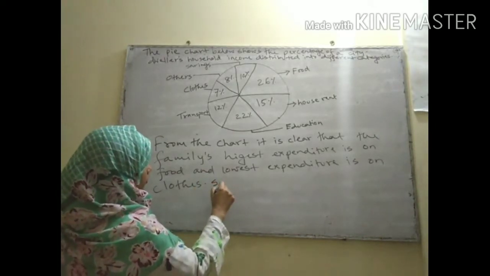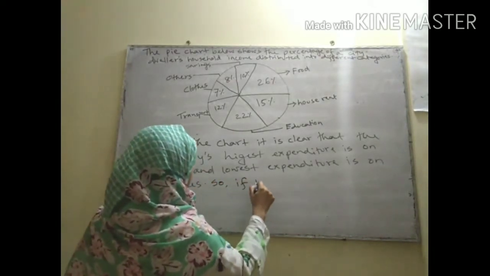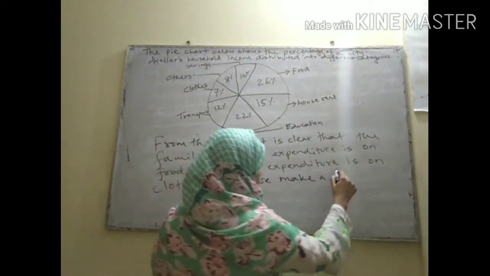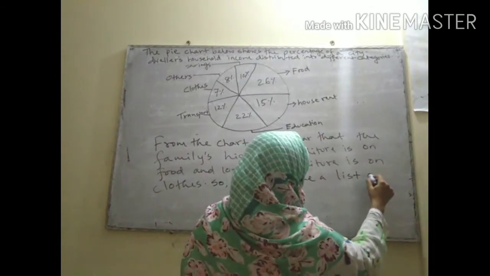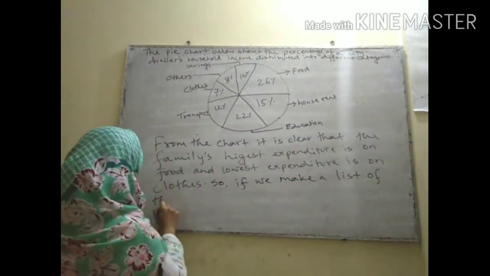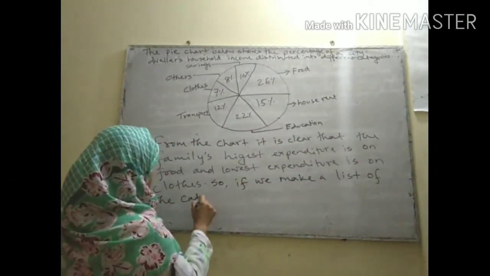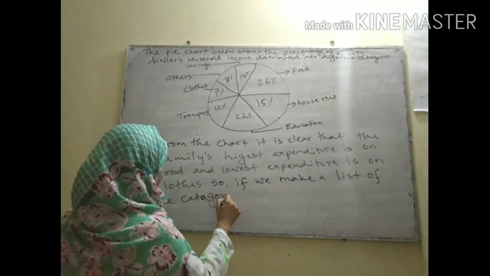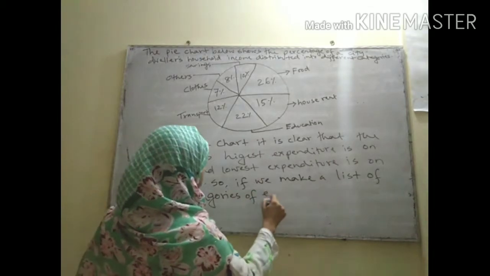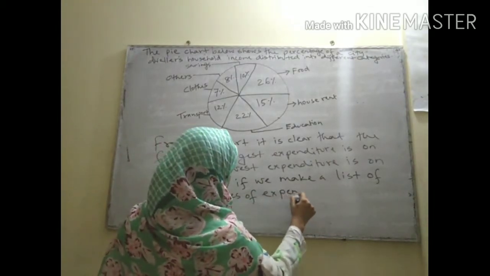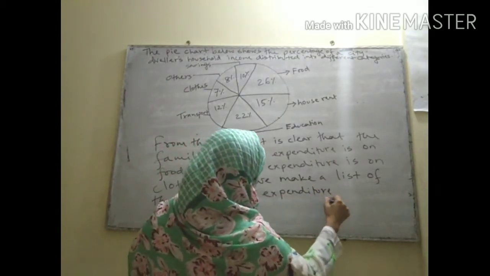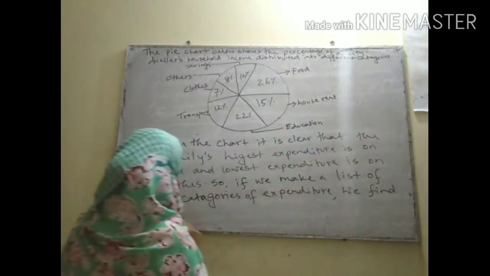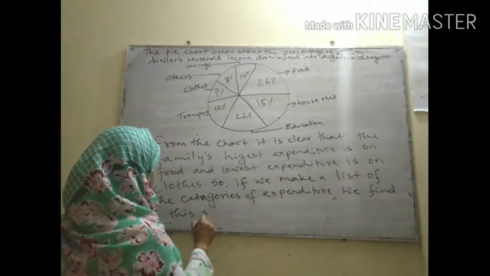So if we make a list of the categories of expenditure, we find this serial.